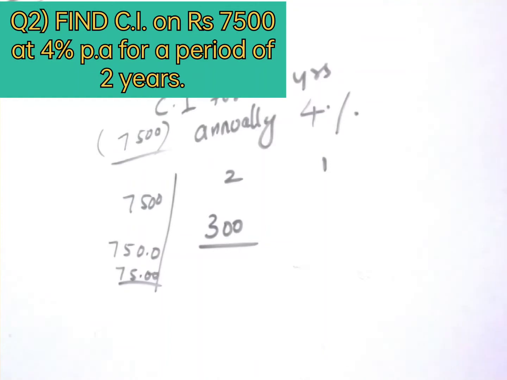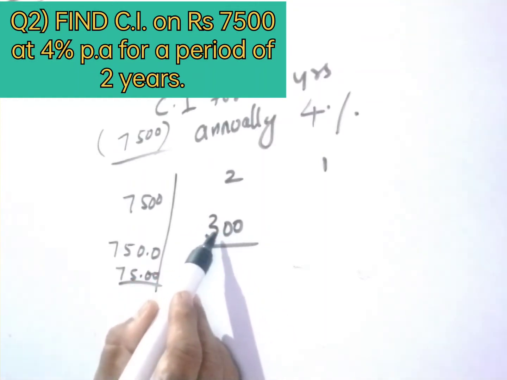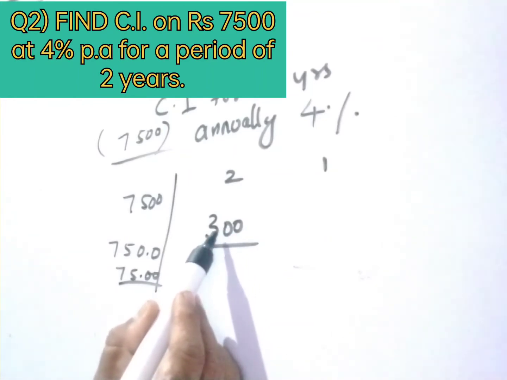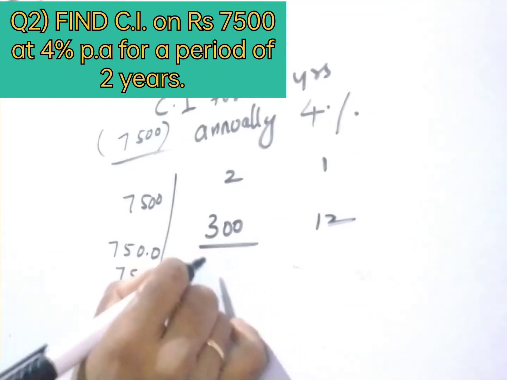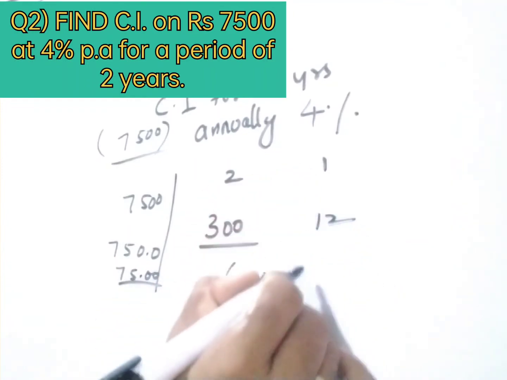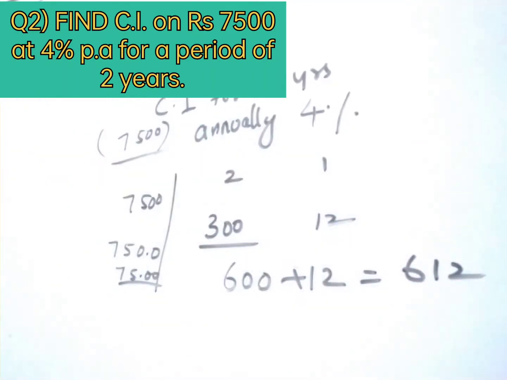Again, for 300, 4%: 10% is 30, 1% is 3. So 3 into 4, 12. So total, it is 300 into 2, that is 600, plus 12 into 1, 12. So 600 plus 12, 612. So total interest is 612 rupees.